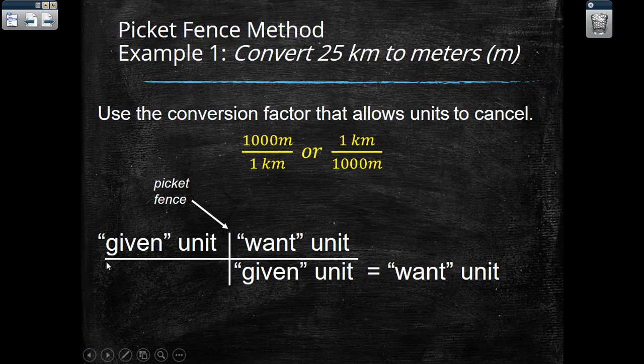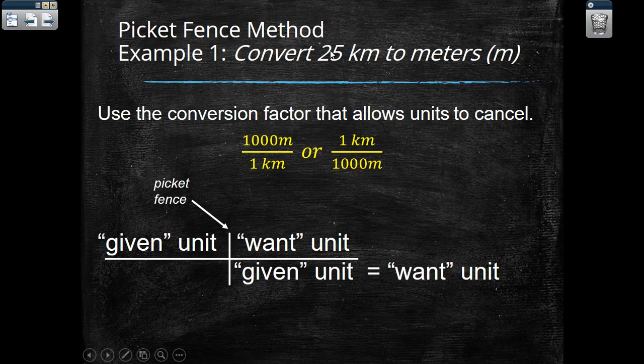Whenever I'm doing this picket fence method, I want to set up this image that you see here. If you think about a picket fence, it's got its horizontal slats, and then it's got the vertical poles or posts that make up the fence. On the left side of the post of the picket fence, we're going to put the unit of measure that's been given to us.